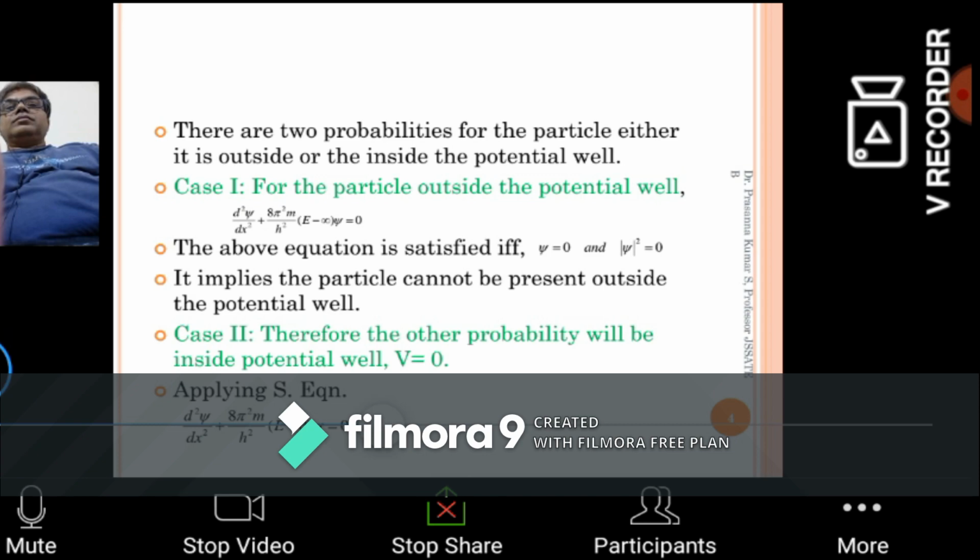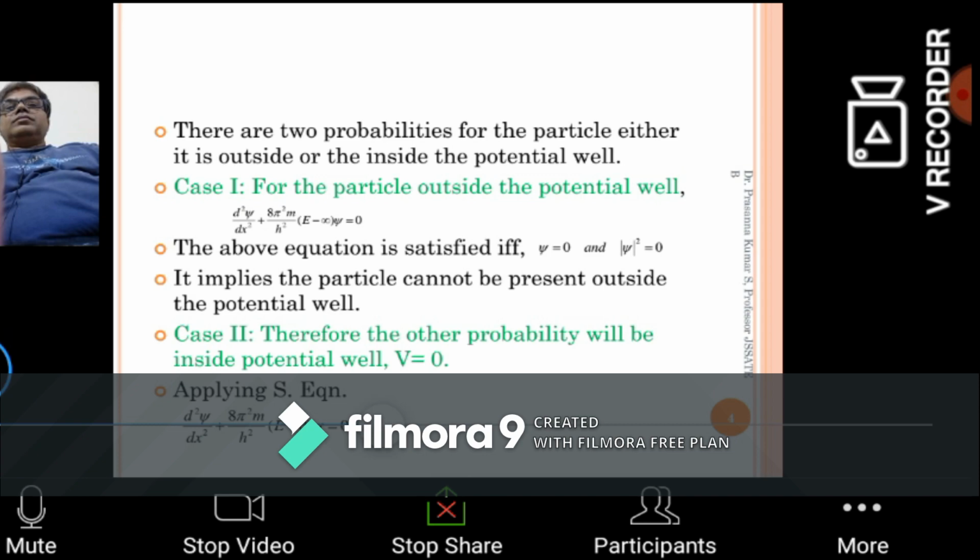So now, what we are doing here is trying to find the wave function for the particle that is in the system.